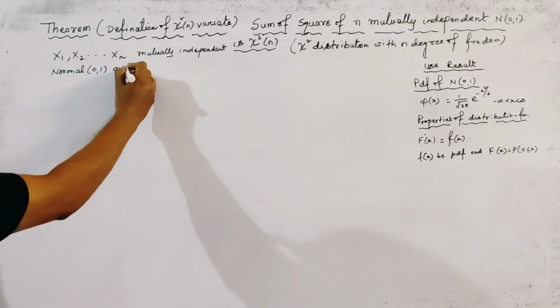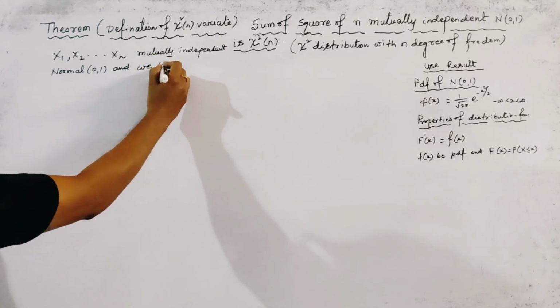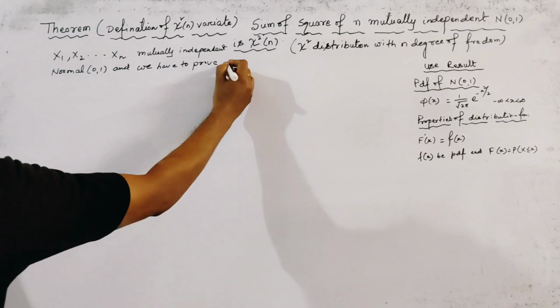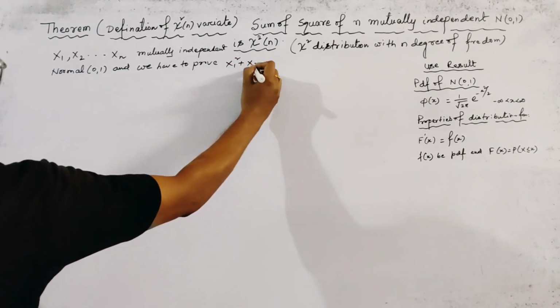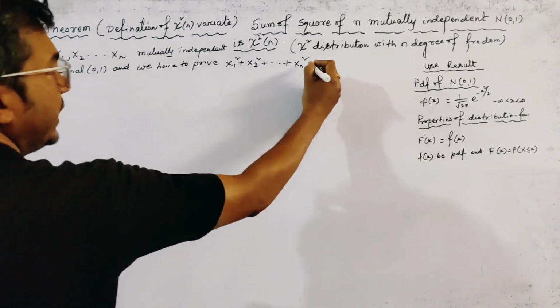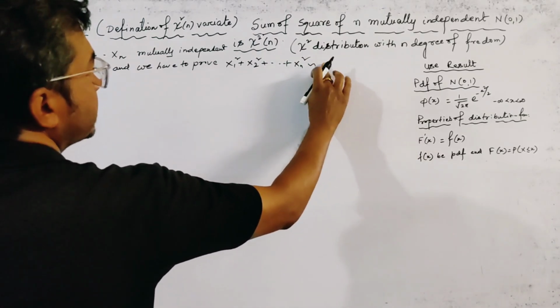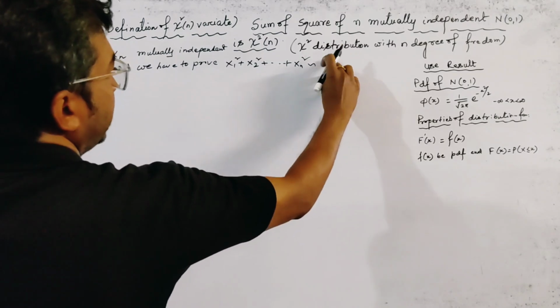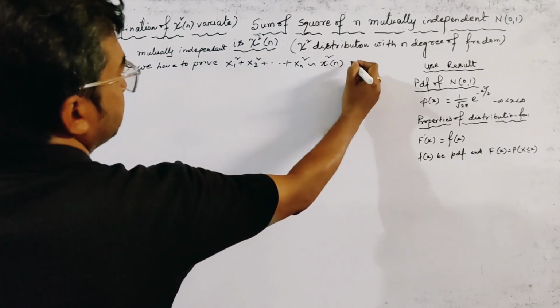And we have to prove x1 square plus x2 square plus up to xn square is Chi-Square with n degrees of freedom.